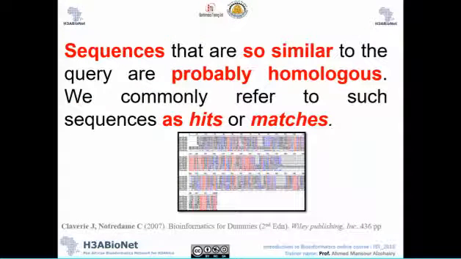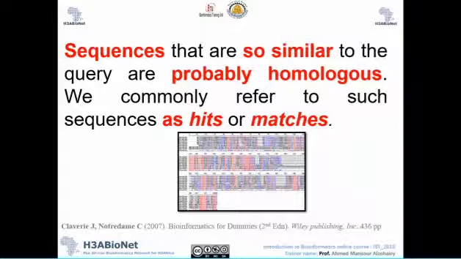Sequences that are not so similar to the query are properly homologous. So when we do BLAST and see that there is a bit of similarity between our sequence and other sequences in the BLAST result, we simply take these sequences and use them to build a multiple sequence alignment because they are properly homologous.